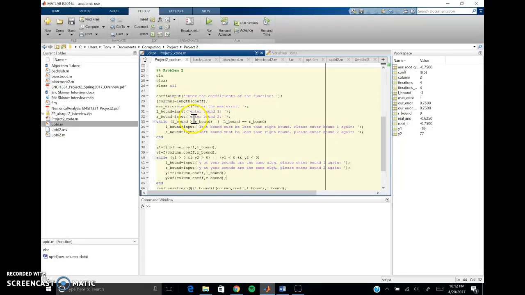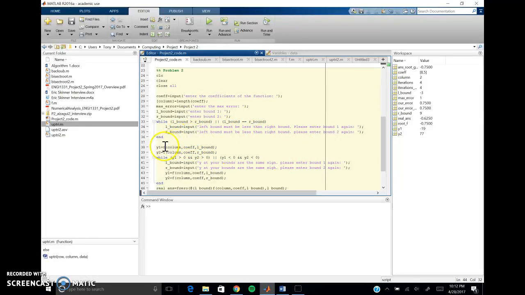You need a left bound and a right bound, and you want your left bound to be less than your right bound. If you enter a left bound that is equal to or greater than your right bound, you'll be asked to enter your bounds again.